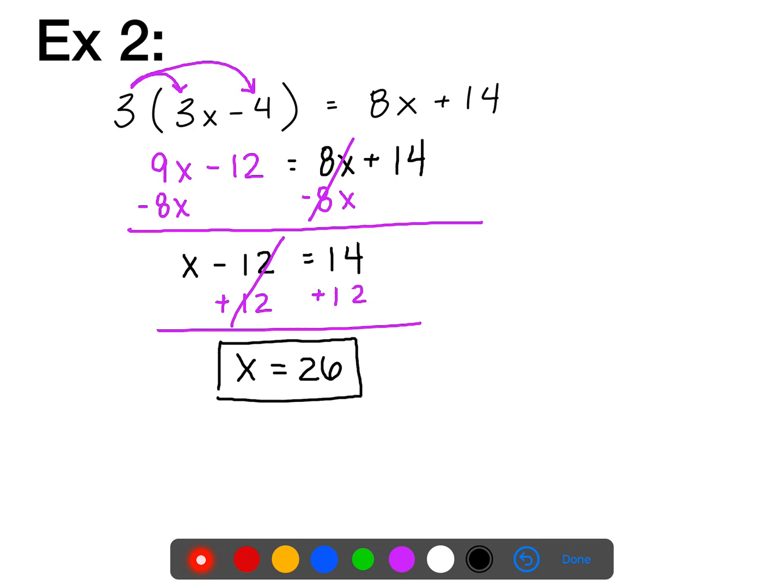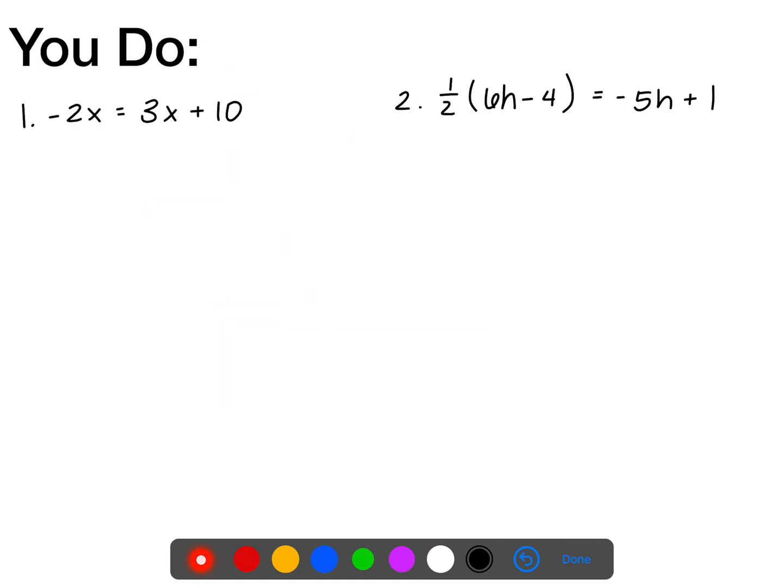So now use that to try these two. You'll notice with the first one, there's nothing you can distribute. There's no like terms. So right off the bat, we're moving our variable. Now, even though the -2x is the smaller one here, I don't want to move the -2x over to this side because then I'm going to have to move everything back over to this side.